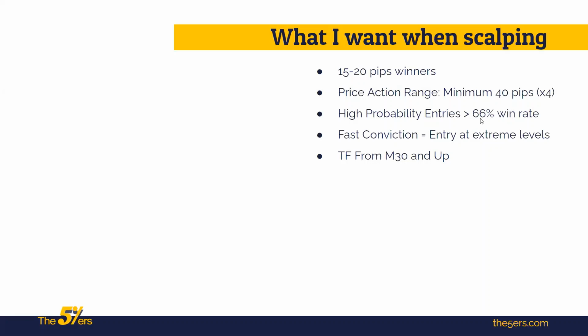So I want to be correct in my trade more than 66%. That sounds like a very high rate, you have to agree with me, right? Is it achievable? Is it doable? Yes, it is, because I'm going to show you that I'm using something that is not common in terms of risk management.